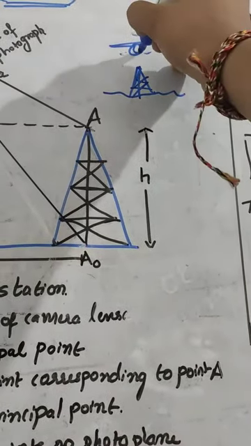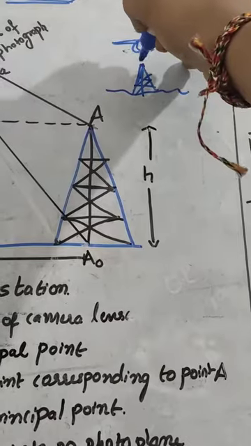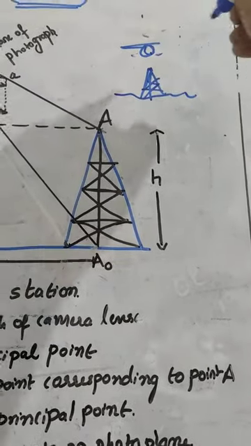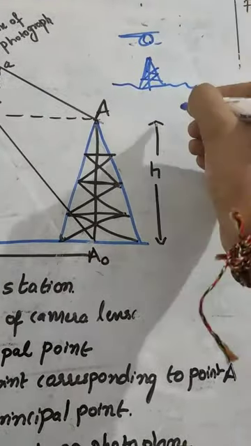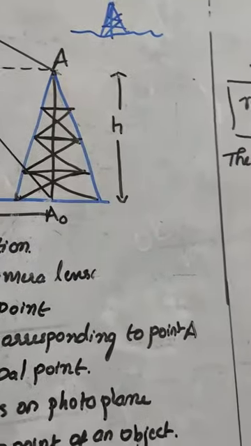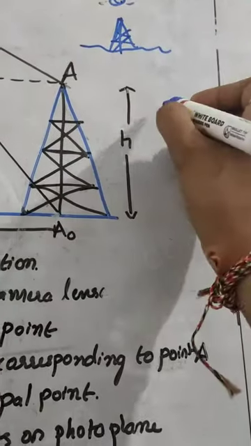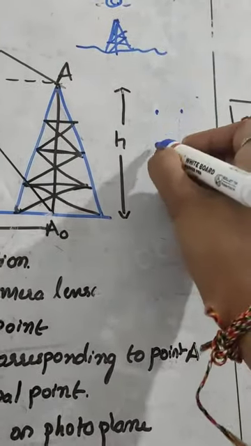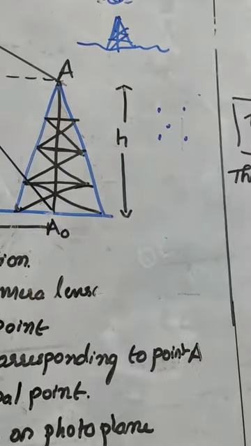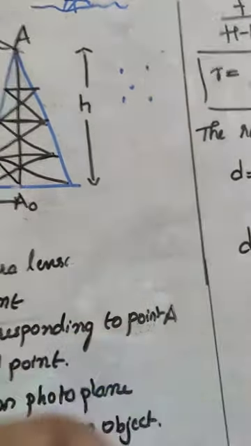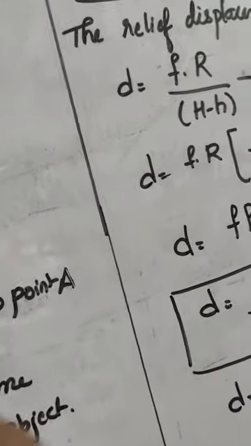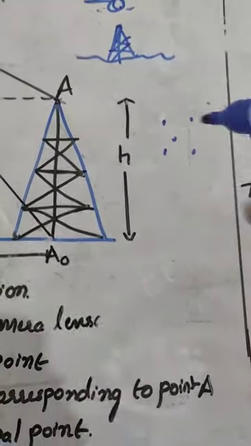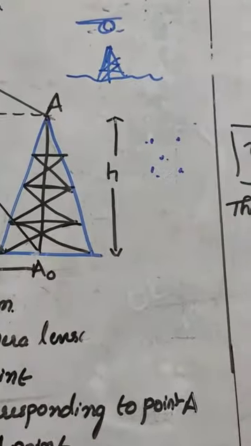So if this plane is exactly on top of this tower, from the top you can view only this top point and these four are the legs, that is the remaining four.